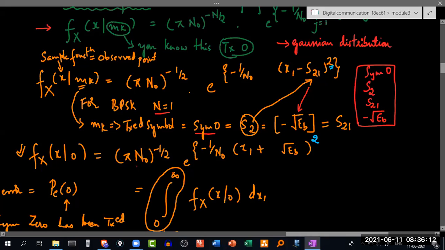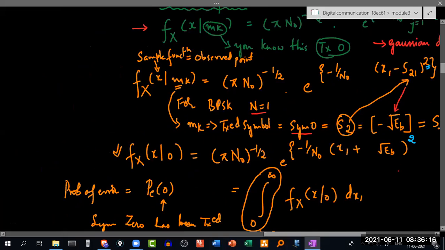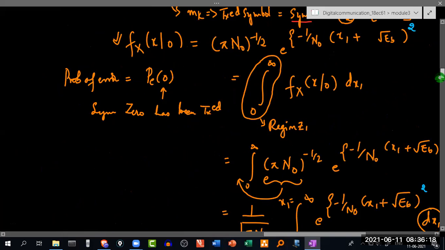And here we have to consider this conditional PDF equation and integrate it over the region Z1. So why am I integrating it over the region Z1? Because we have already seen our constellation diagram.